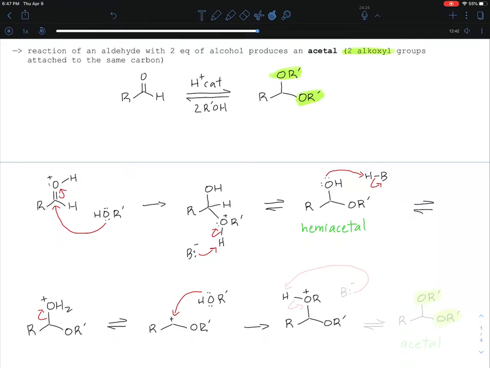So what I'll get here, and this will be protonated, but that's okay because what do we have in the pot here? We have our conjugate base. So the conjugate base can come take this hydrogen, give the electrons back to the oxygen, and I get a full-on acetal.